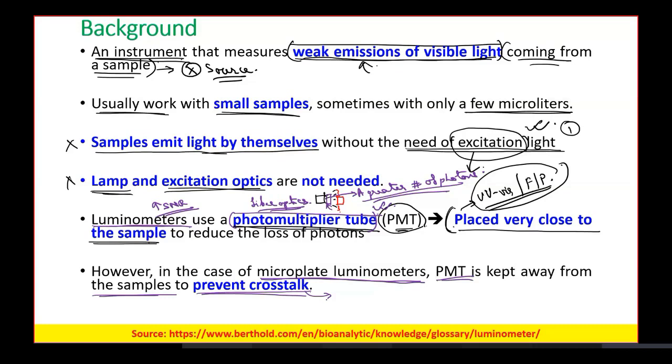The meaning is within this word itself, crosstalk. What is cross? This crosstalk is made up of two words, cross and talk.